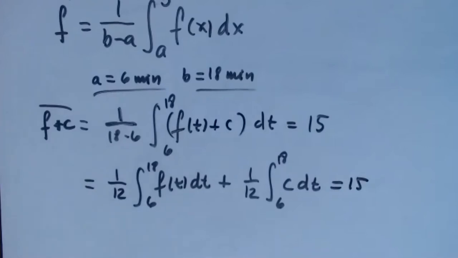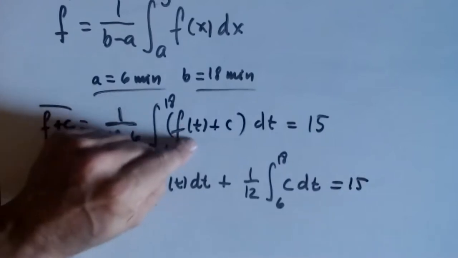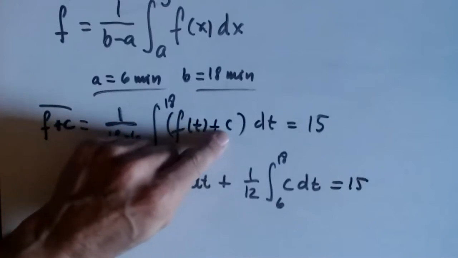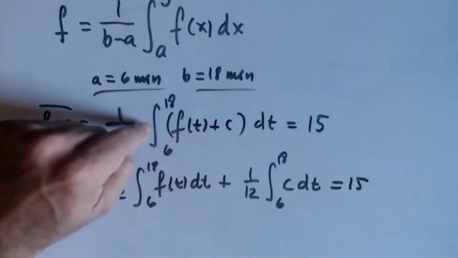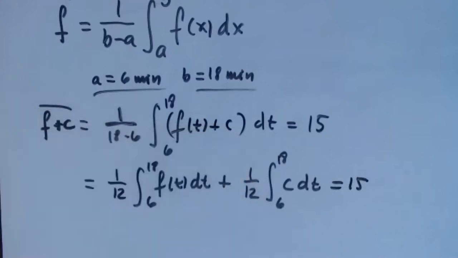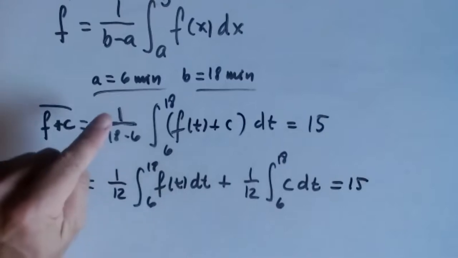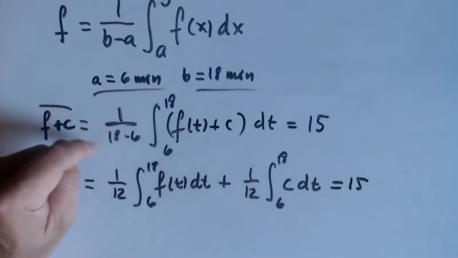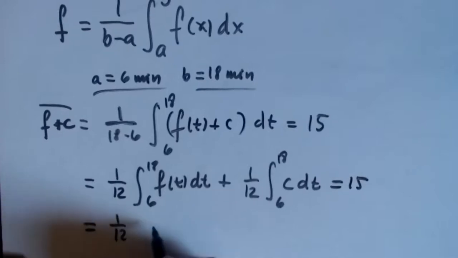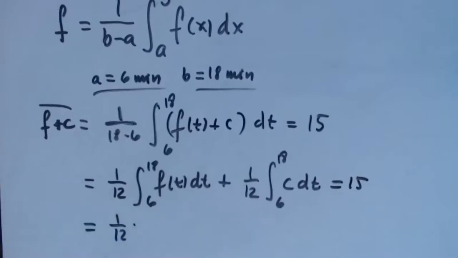A ver, what happened here? This is the integral of the addition of two functions, f(t) and a constant c. I use properties of the integrals. I split the integral of this plus the integral of this, the same interval. The 1/12 comes from this one, correct? 1/12 in both. Now, I know this one. How much is this? 1/12, and this integral, how much was it? You got that 108.